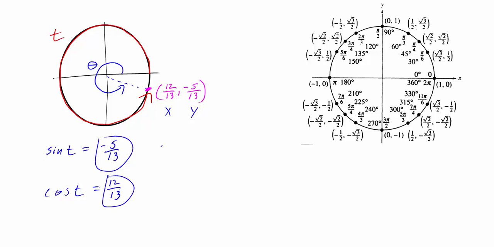And then, of course, if we're looking for the tangent, we're going to take our y value of negative 5/13 and divide that, so I'm just going to multiply by the reciprocal, which would be 13/12. So the 13's cancel, and we're left with a negative 5/12. Okay, so hopefully you were able to get that right.